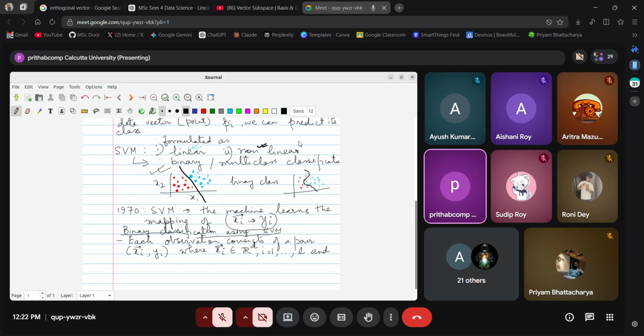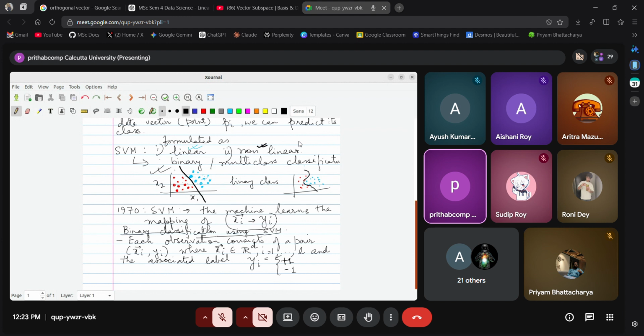And the associated label yi is either +1 or -1. There is a reason for making it in this fashion for binary classification, +1 and -1. It will help us to formulate the problem.